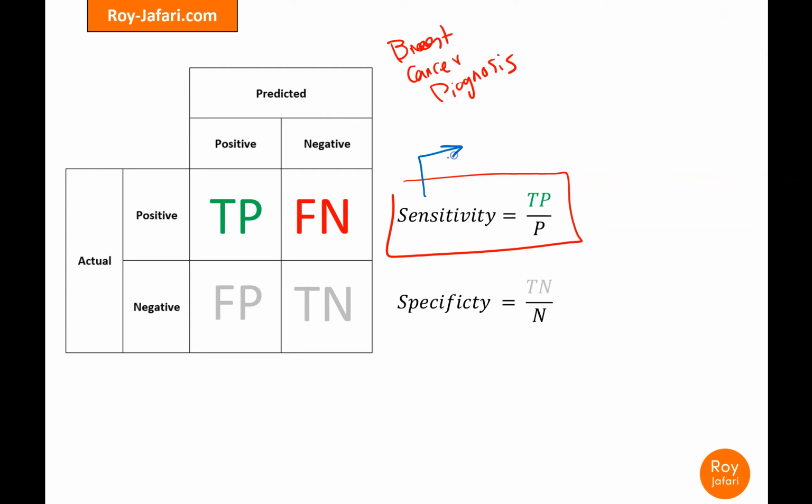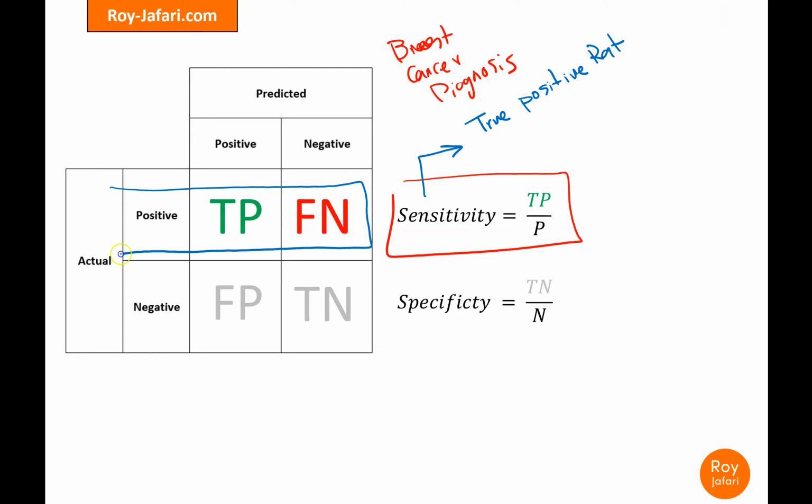Sensitivity is also known as the true positive rate. It is how many relevant items have been selected, right? That's what we are trying to capture with sensitivity. The relevant items here are the positives.